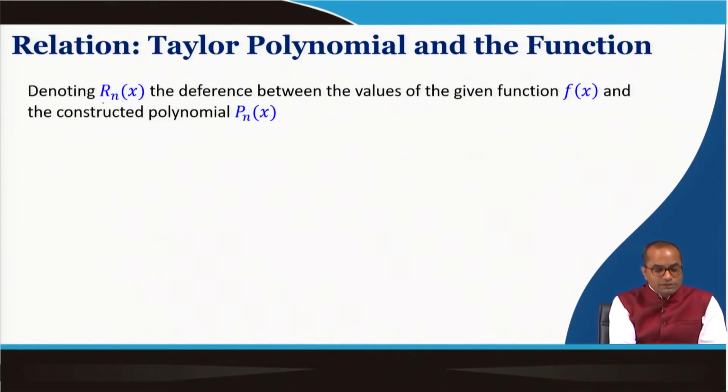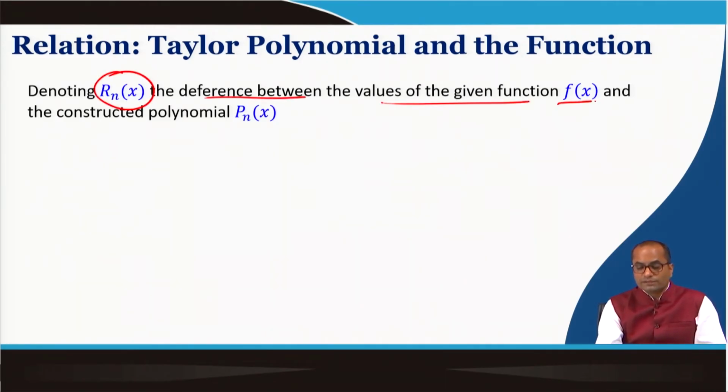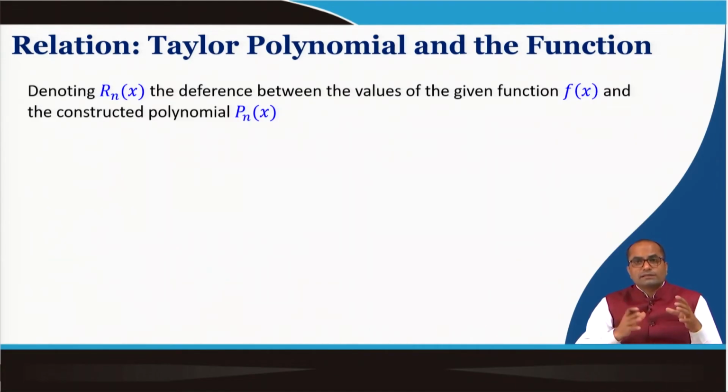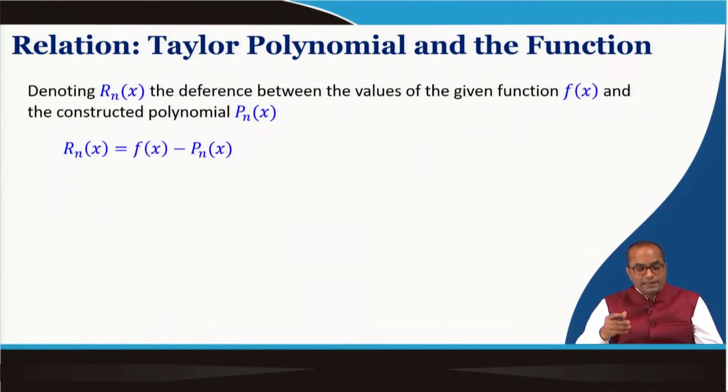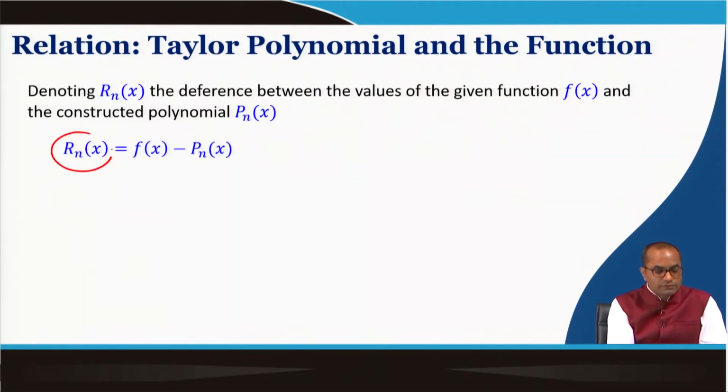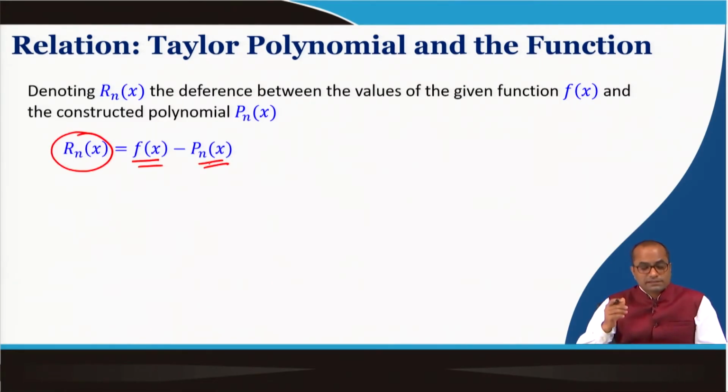Here we denote Rn(x) as the difference between the values of the given function f(x) and the constructed polynomial Pn(x). This Rn(x), we call it the remainder. So this is basically the error between the function f(x) and the polynomial Pn(x). We define this error term Rn(x) as f(x) minus Pn(x).